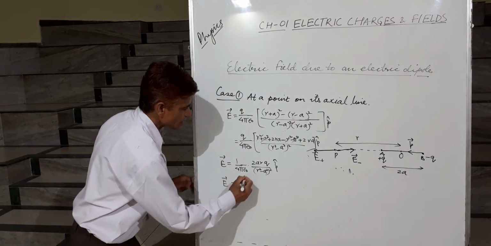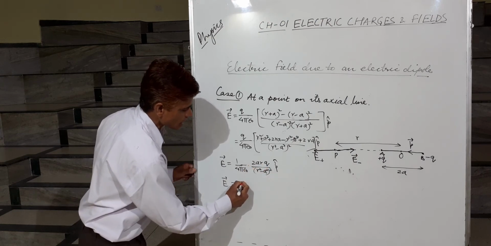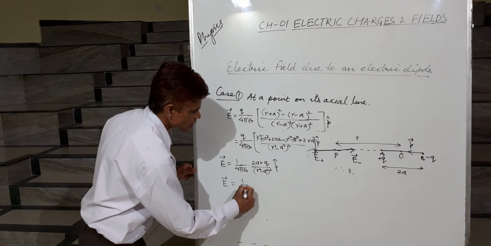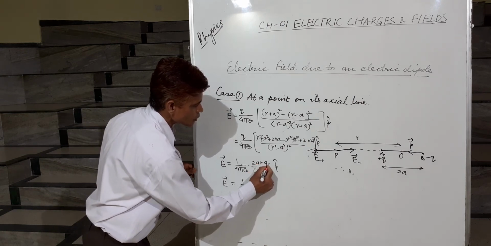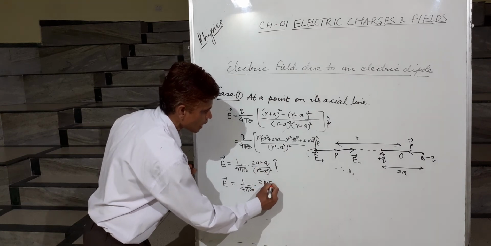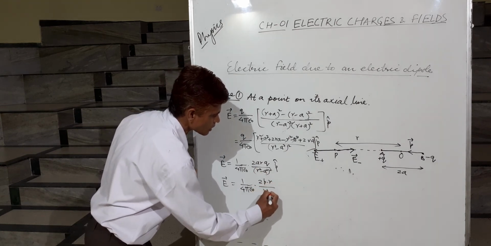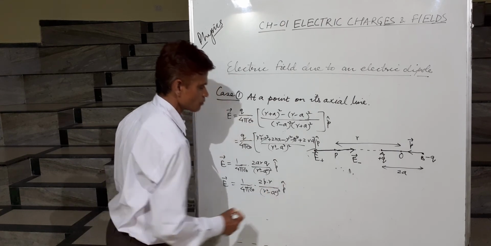Or we can write this 2aq is nothing but the electric dipole moment. So we can write 2a into q is equal to p, and this gives 2p into r upon (r square minus a square) whole square into p cap.